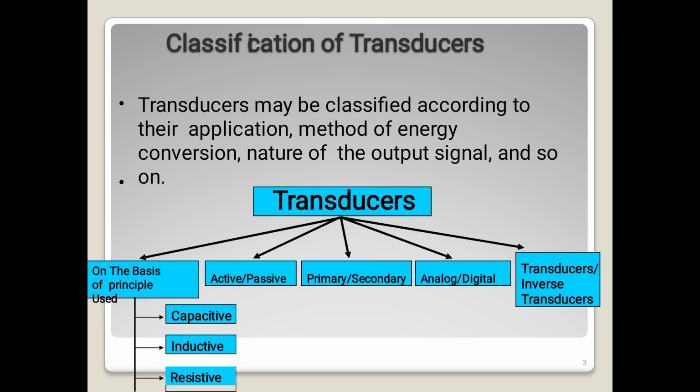Transducers are classified on different bases. One, on the basis of the principle used, transducers are classified as capacitive transducers, inductive transducers, and resistive transducers. Other classifications are active or passive transducers, primary or secondary transducers, analog or digital transducers, and transducers or inverse transducers.